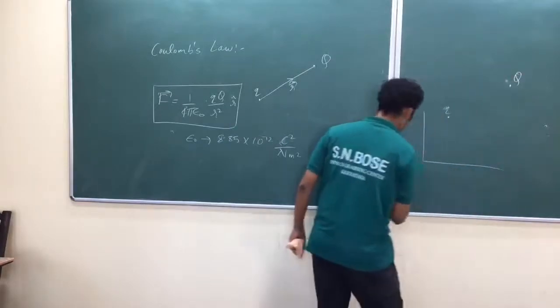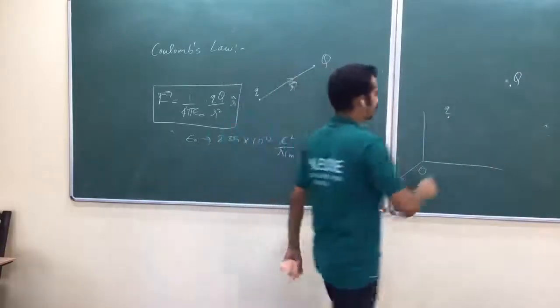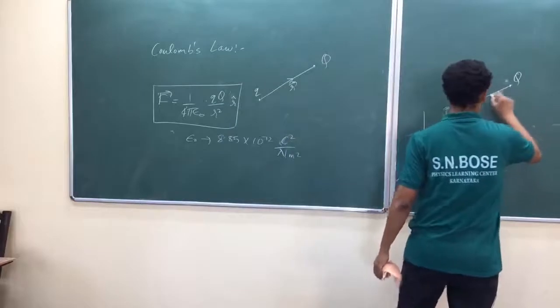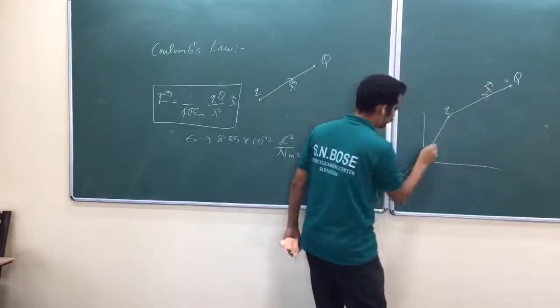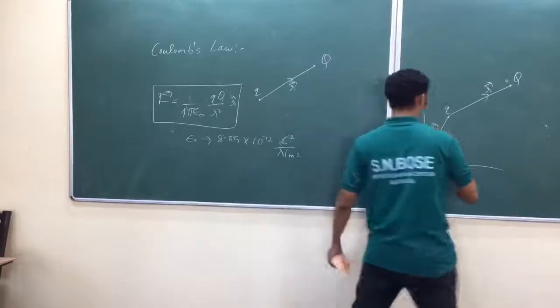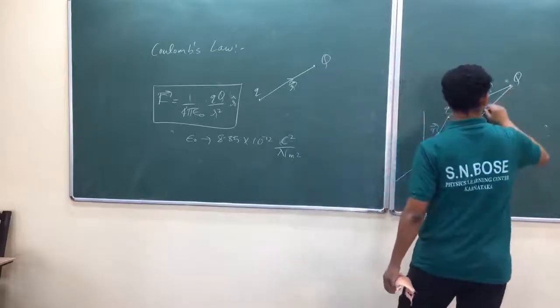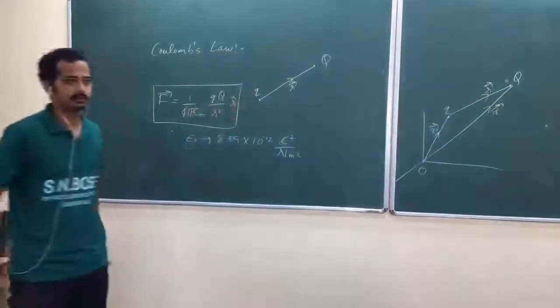Now you can choose your origin, that's your choice, somewhere here. This is the italic R vector from source to point. Now what is the source charge vector according to his notation? R prime vector. And this is the R vector.